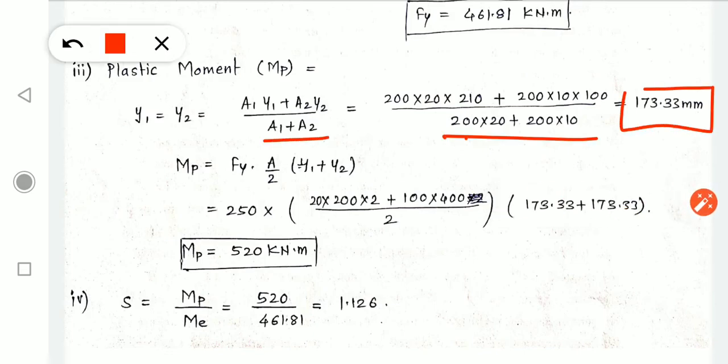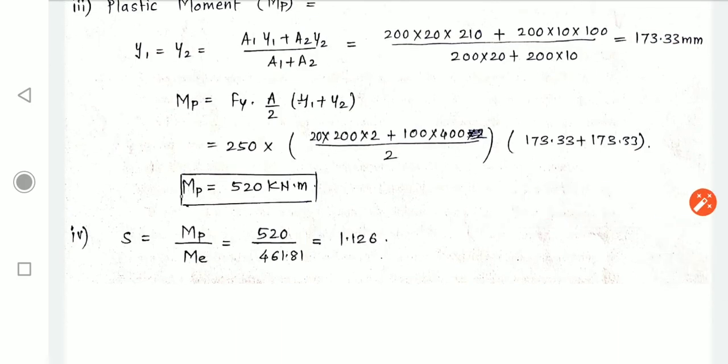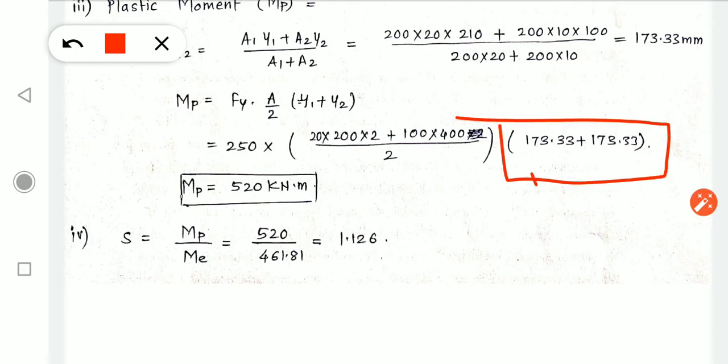Once you solve for this value, you will get y1 equals y2 equals 173.33 mm. Put in all these values. Now this is the calculation for y.